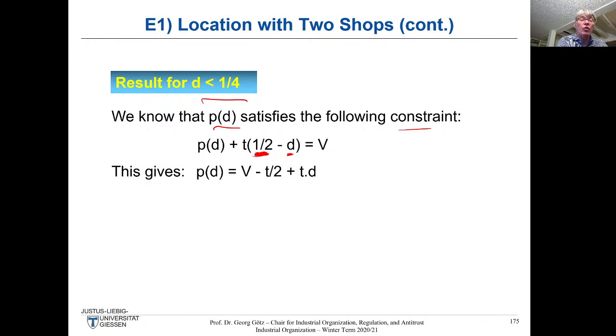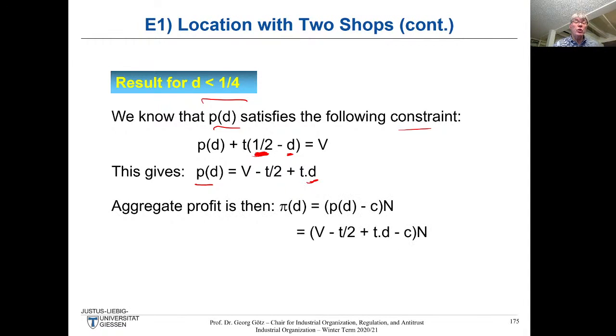If we solve this for P, just rearrange it here, we know that if we want to be located at d, the maximum price we can charge so that everyone in the market is served is just V minus t over 2 plus t times d. And what is the aggregate profit then? The aggregate profit is just P minus c times the aggregate consumption. The P is nothing else than V minus t over 2 plus t d, minus c.